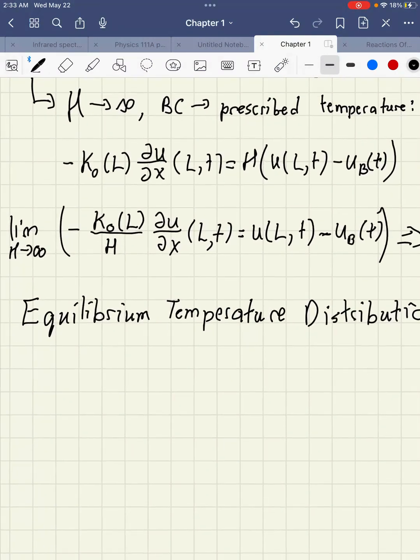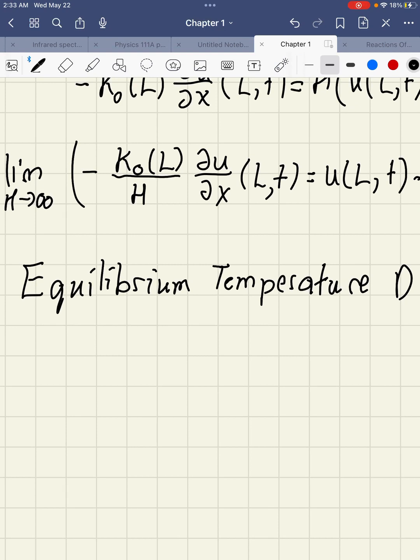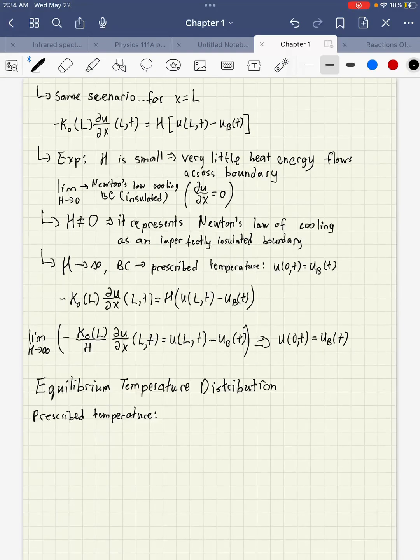So we're going to start with, again, prescribed temperature. What we expect is our prescribed temperature and then insulated boundary, and then combine them, and see what kind of theory we will come up with.